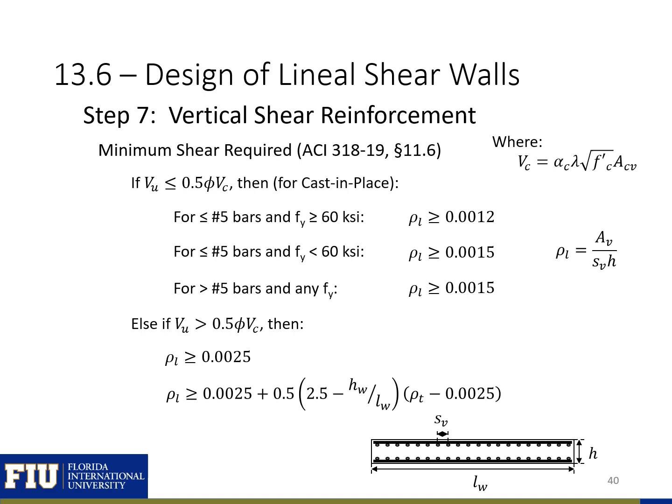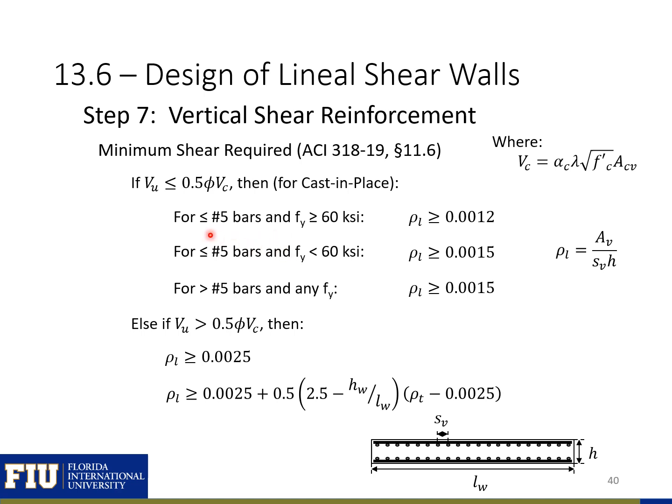The minimum vertical shear requirement is shown on this slide, and this reinforcement will typically also be our primary longitudinal steel in our wall. But you can see it depends on whether we have low shear demand or high shear demand, same as our horizontal shear reinforcement, and also our bar size and yield strength of our steel.